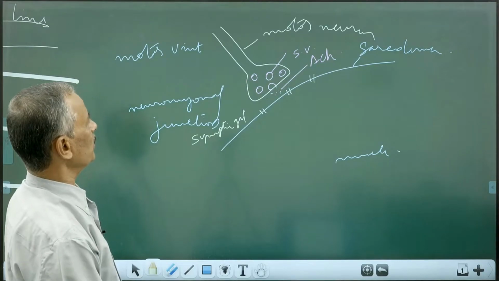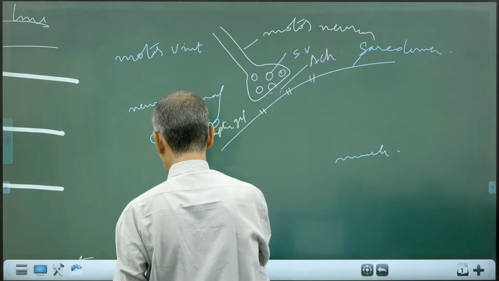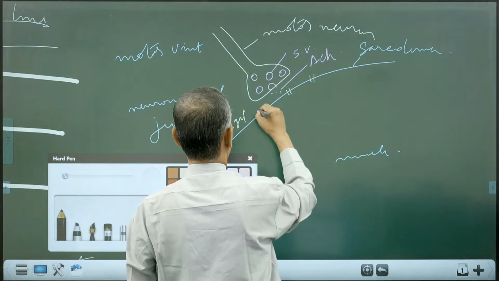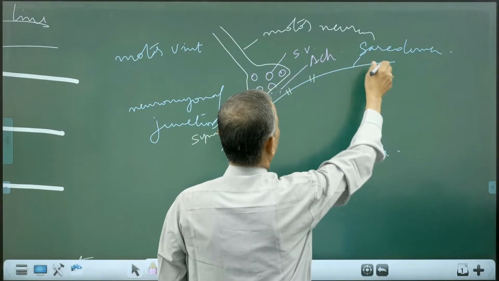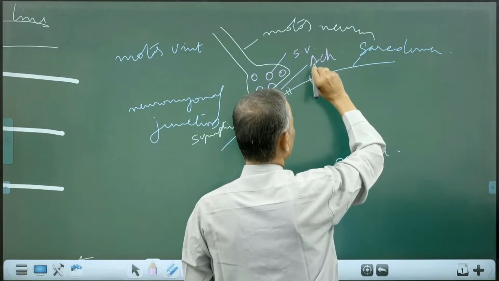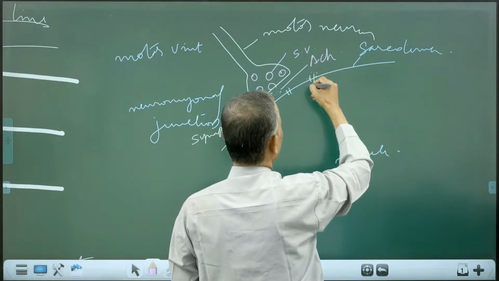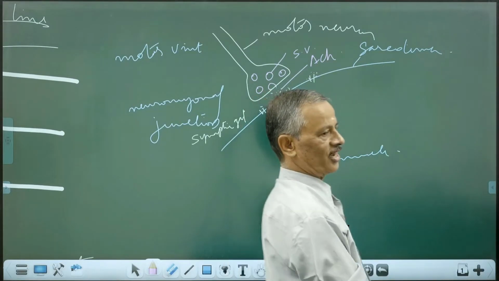Through the synaptic gap, the acetylcholine diffuses and falls on the receptors present on the muscle membrane, the sarcolemma. When the receptors receive the acetylcholine, the muscle becomes excited.